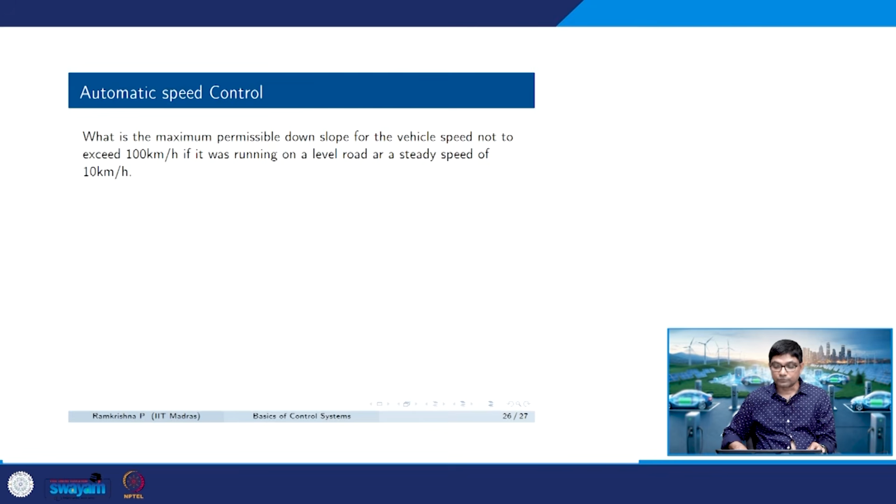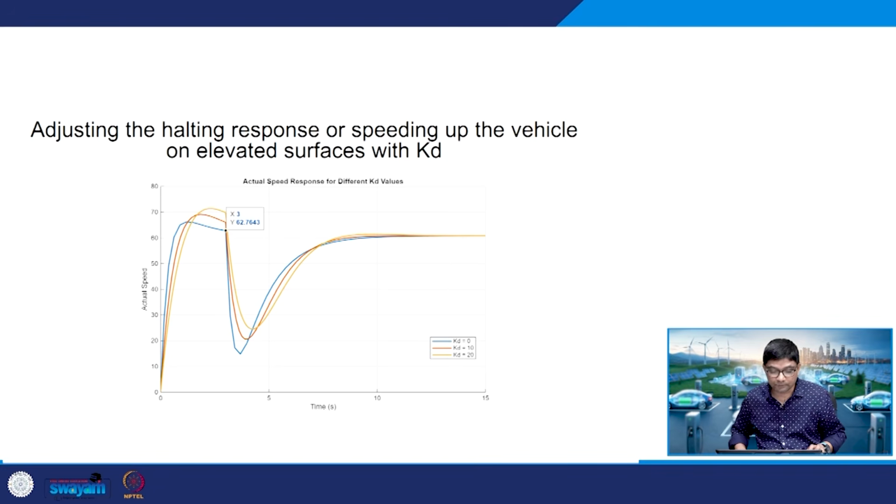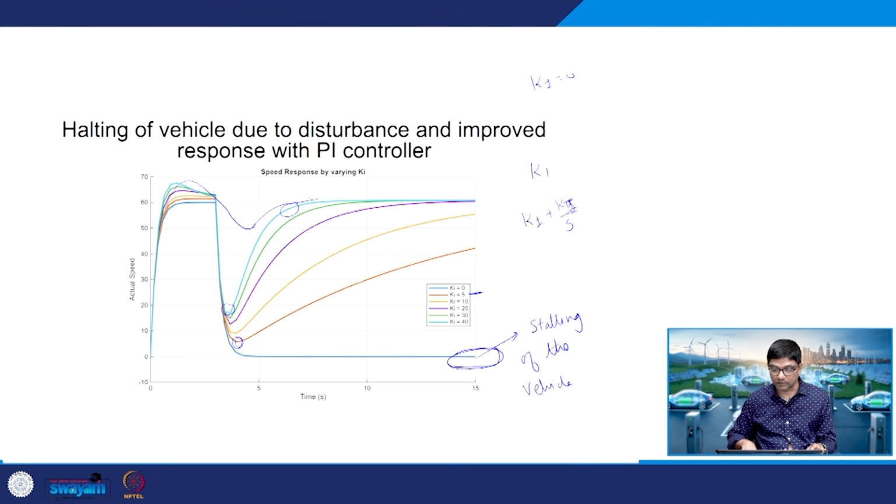Okay, now I could also do responses with different values of Kd. So my controller will now have Kp plus Ki by S, and I also add Kd times S, and you'll see here different kinds of responses, right.